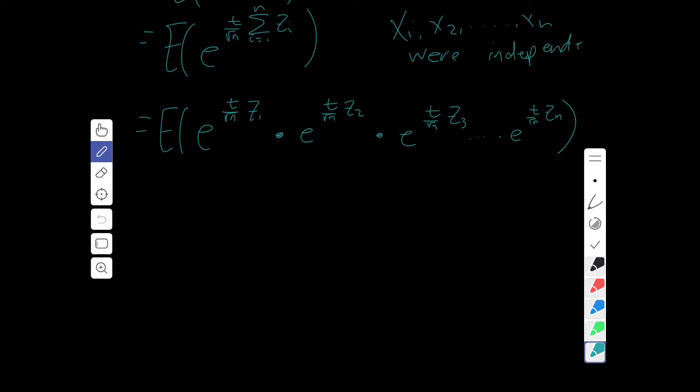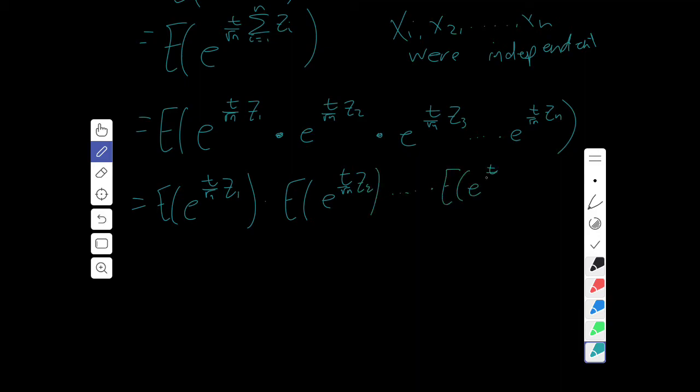Which means that any function of those random variables will also be independent, and because they are independent, we can take the expectation of the products as being the product of the expectations. So that's going to be E of e to the t over root n Z1 times E of e to the t over root n Z2, and so on, times E of e to the t over root n Zn.